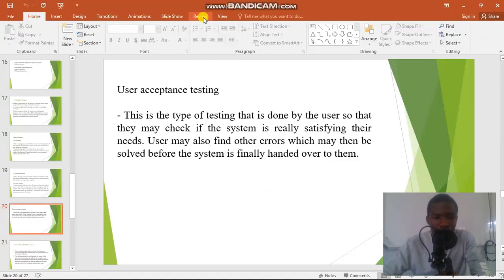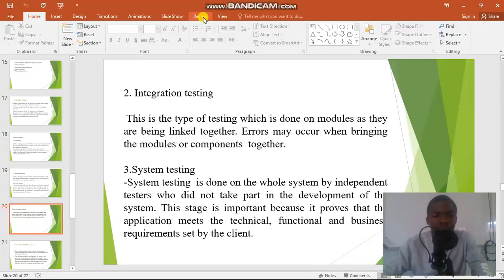For user acceptance testing, this is the type of testing that is done by the user so that they may check if the system is really satisfying their needs. In user acceptance testing, users may also find some other errors, which may then be solved before the system is finally launched or handed over to them.